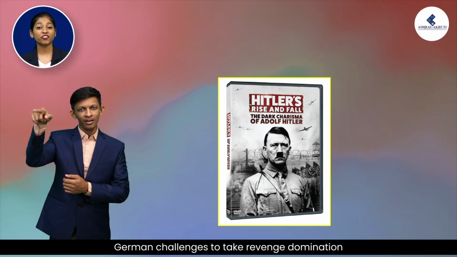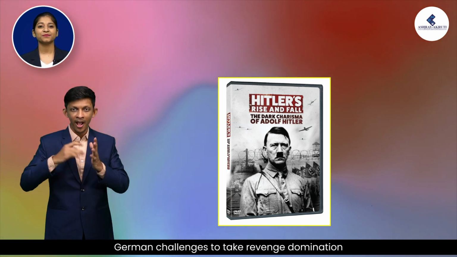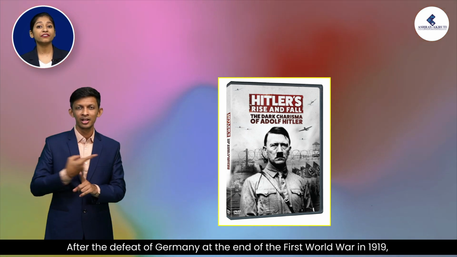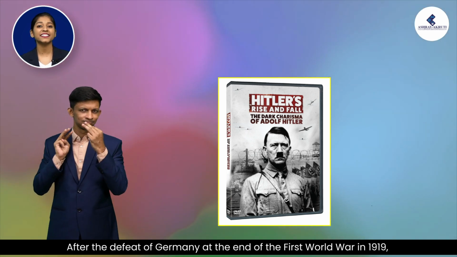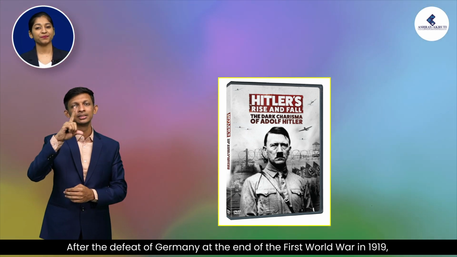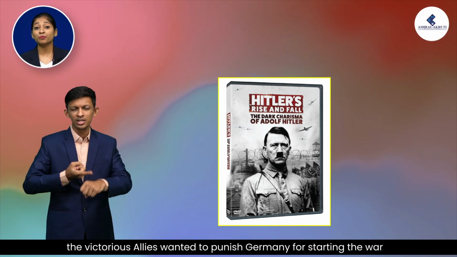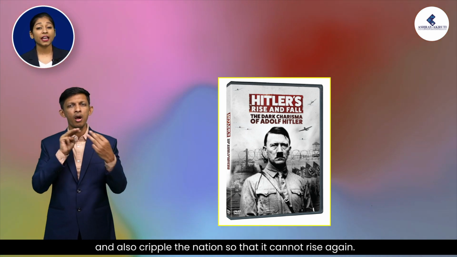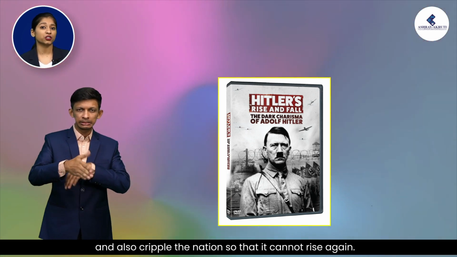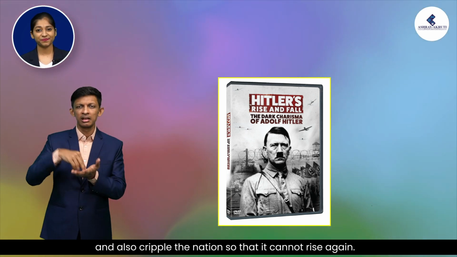German challenge to vengeful domination. After the defeat of Germany at the end of the First World War in 1919, the victorious Allies wanted to punish Germany for starting the war and also cripple the nation so that it cannot rise again.